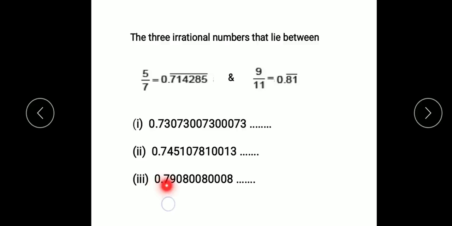It is 0.7908, 008, 0008 ... You can write several examples. You can frame examples by your own other than this. But we must take care that as they are irrational, the decimal expansion has to be non-terminating and non-recurring.